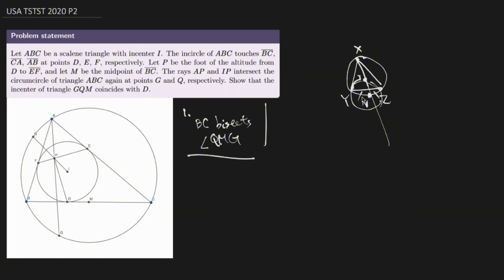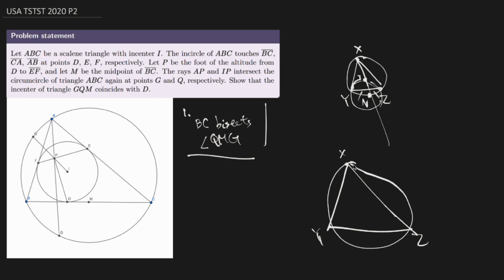Well, if we think about it, that's a bit small, so let me just enlarge it here. If we think about it, the angle bisector of X and the perpendicular bisector of YZ, these two lines only intersect at one point, and this point just happens to be here.